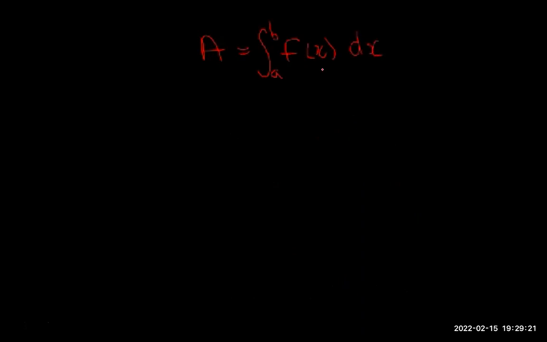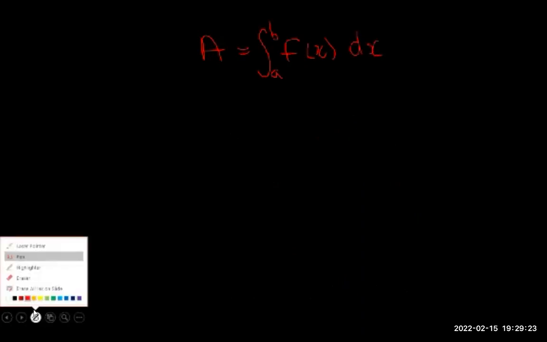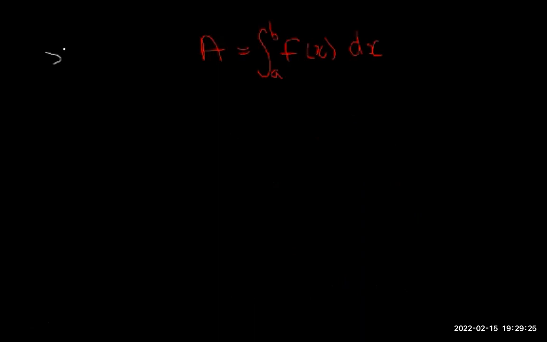They already told us the limits: x is equal to 0 and x is equal to 3. b, the upper limit, is always the bigger number, so in this case it's 3. a is always the lower limit, the lower number. So a is equal to 0 in this case, right?